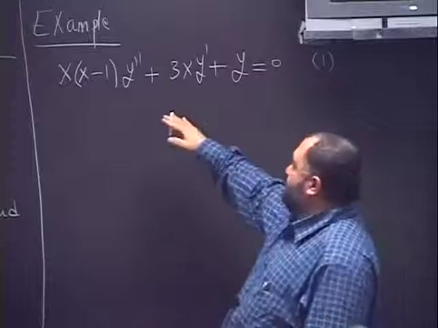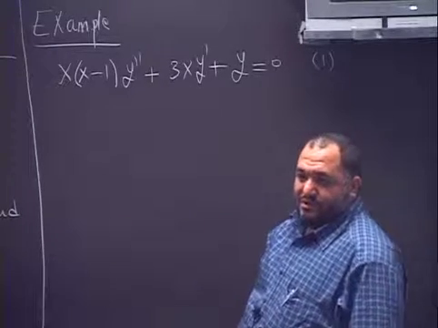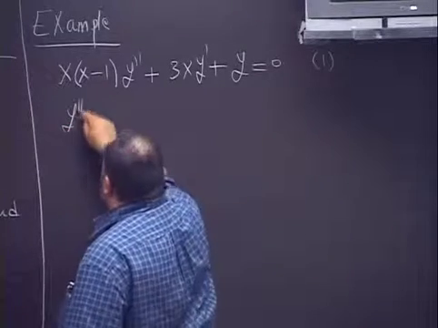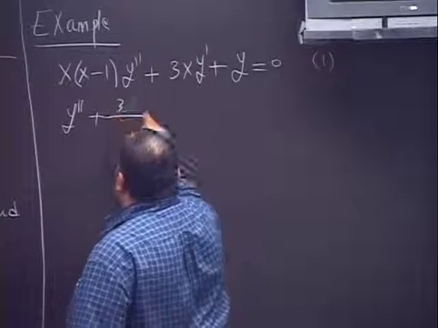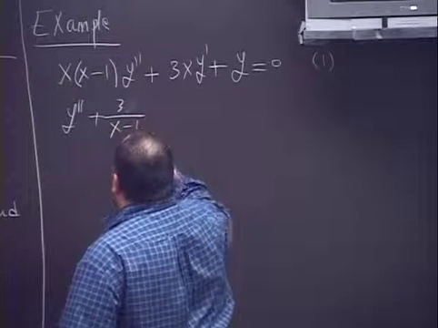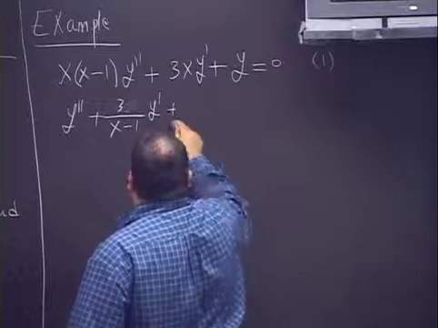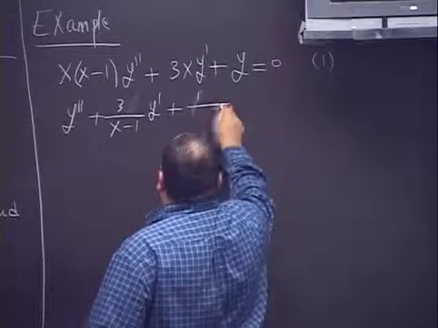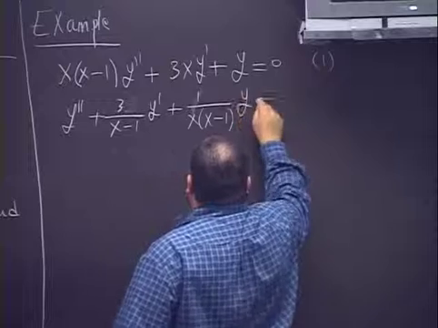So how will we transform this to the general form of the second order linear differential equation? We'll divide by x minus 1. So y double prime plus 3x over x minus 1 multiplied by y prime plus 1 over x multiplied by x minus 1 multiplied by y equal to 0.